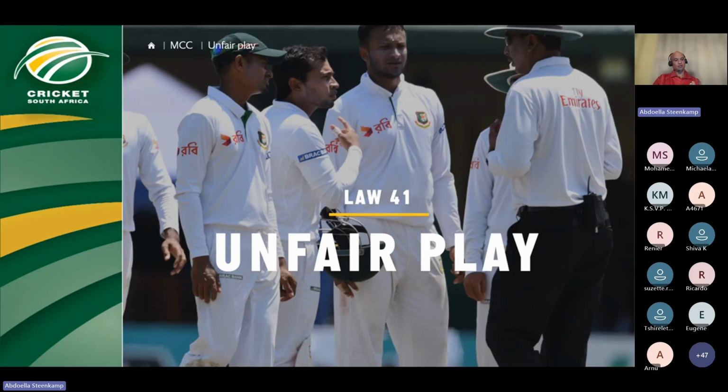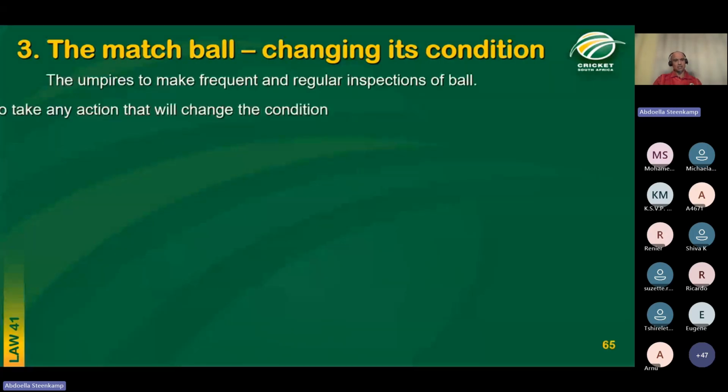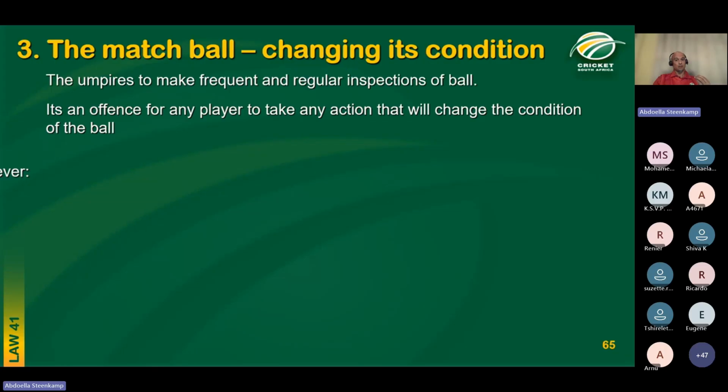The last law that I'm covering before I'm handing over to you, Tom, is Law 41, which covers unfair play. Only 2 subsections under Law 41 that I'm covering: the match ball and changing its conditions. What we're going to focus on is what a fielder is allowed to do with the ball, and the only things that the fielder is allowed to do with the ball.